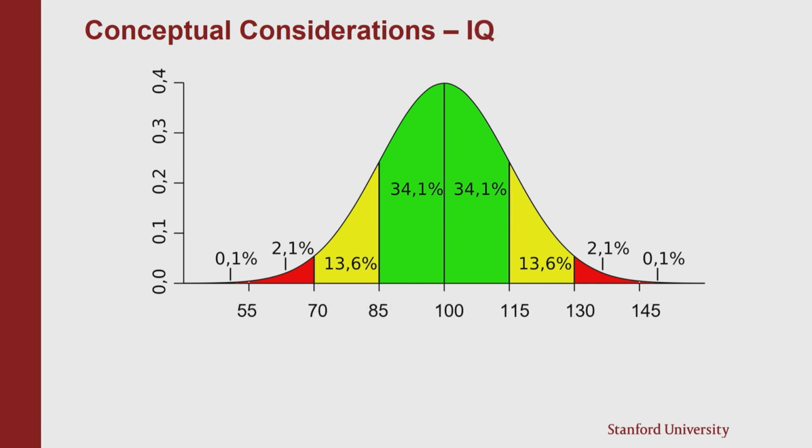So when we are thinking about IQ, that's how we define IQ. An IQ of 100 would be average, and someone that has an IQ of 115 would be really high. And 130 is kind of like almost genius, and some people even have 145, like Einstein.